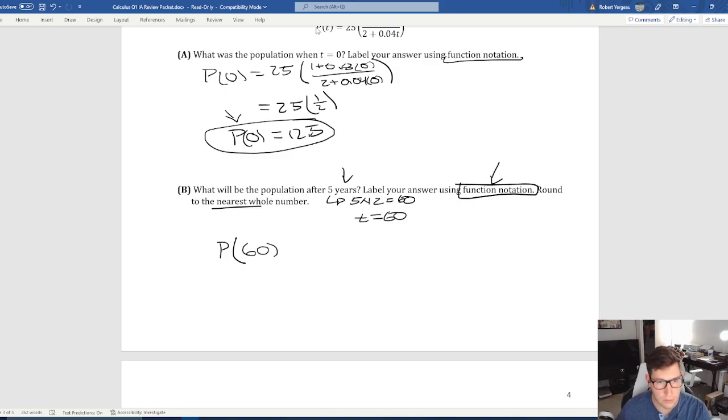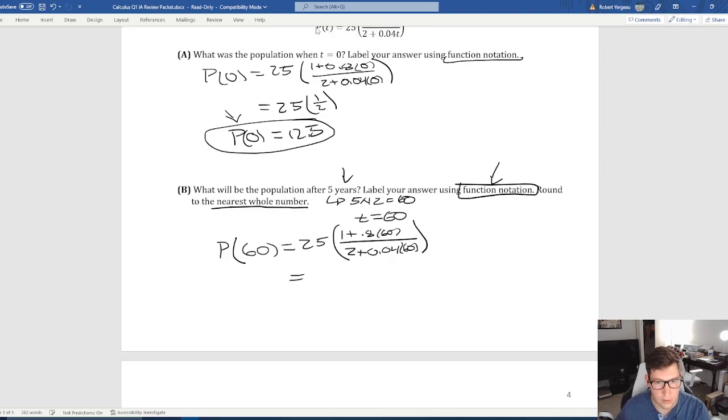And we also need to round to the nearest whole number. So P of 60 is going to be equal to, and again, just substituting 60 anywhere we see a T, 25 times 1 plus 0.8 times 60 over 2 plus 0.04 times 60.